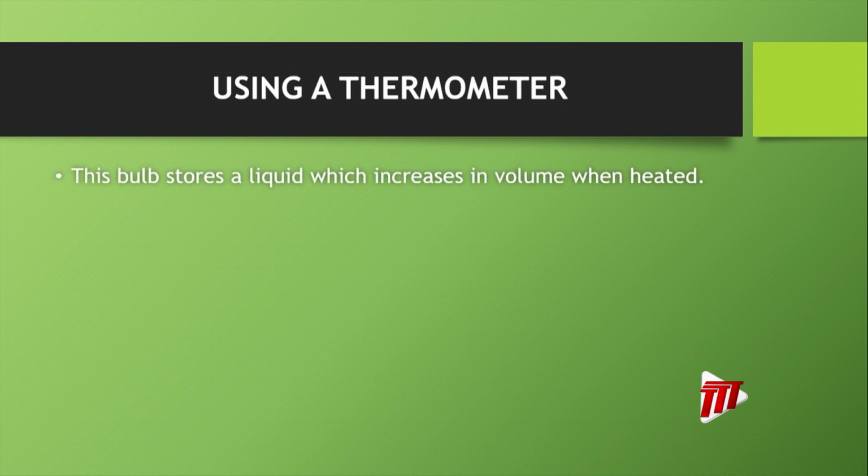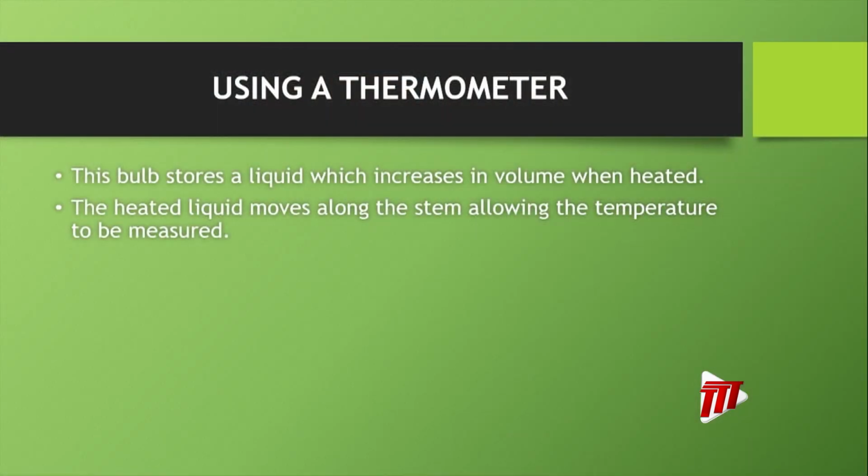In using a thermometer, again, we need to make sure we understand this. The bulb stores the liquid which increases when heated. And that's the main thing we need to remember in how a thermometer works and how it functions. The heated liquid would move along the stem, allowing the temperature to be measured.